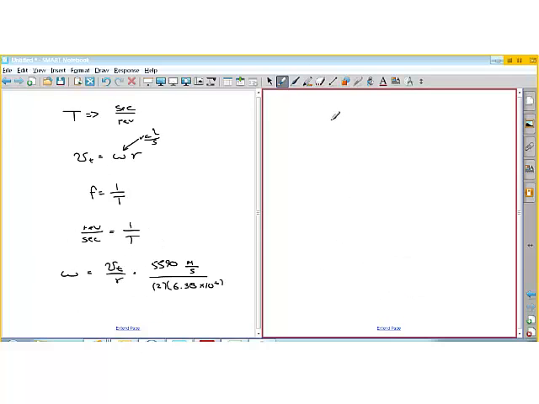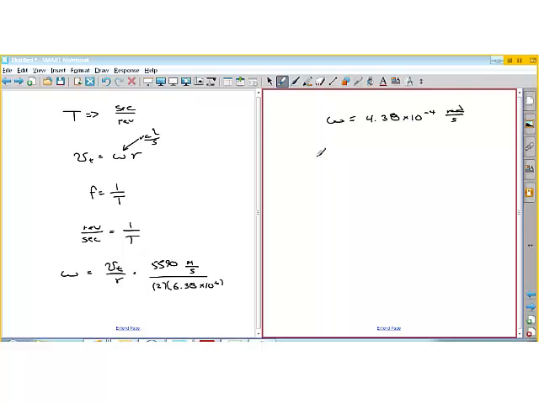And this should be a fairly small number. Omega, so you get 5590 divided by 2 divided by 6.38 e to the 6th power. 4.38 times 10 to the minus 4th radians per second.